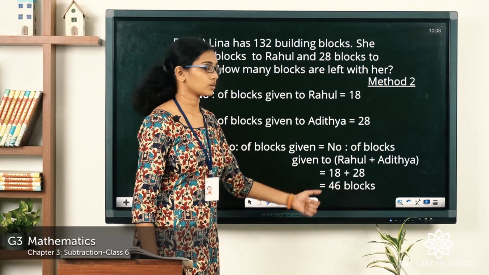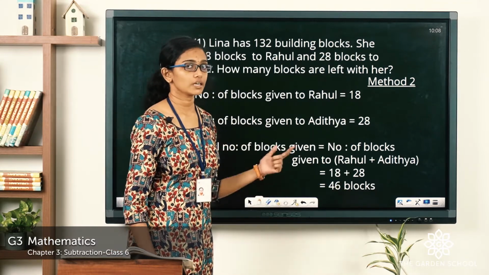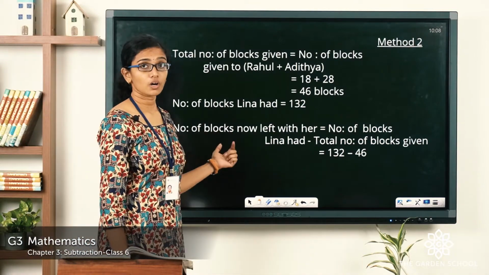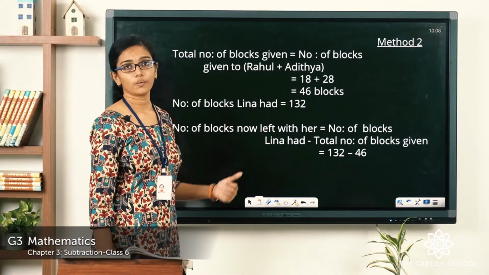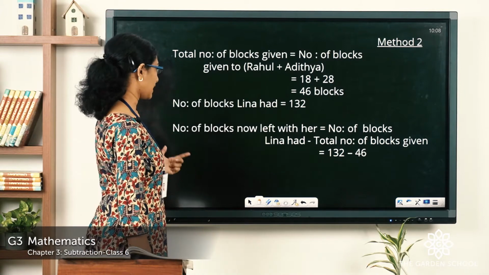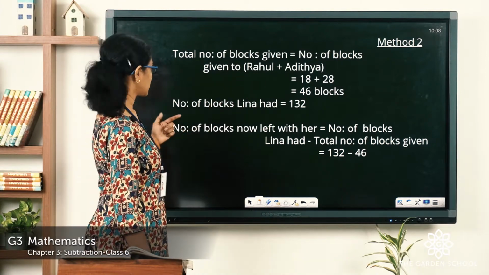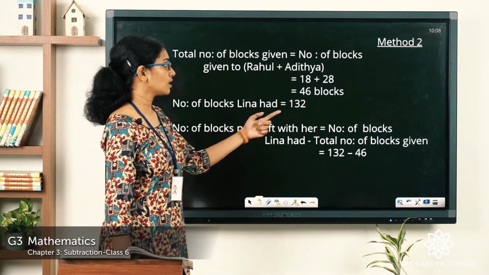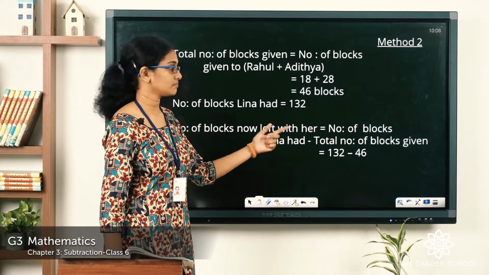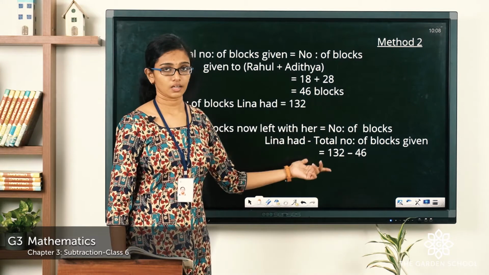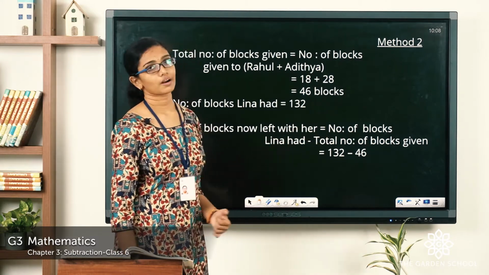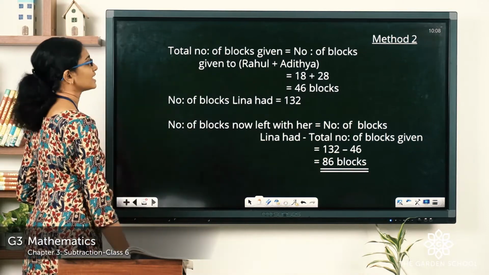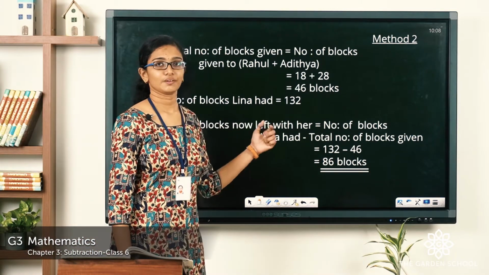The total number of blocks is equal to 46 blocks. Now the number of blocks Lena had is equal to 132. So let's subtract those two numbers. The number of blocks now left with her is equal to the number of blocks Lena had minus the total number of blocks given, which is 132 minus 46. So that is equal to 86 blocks.